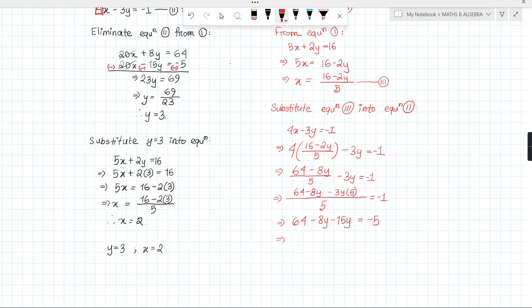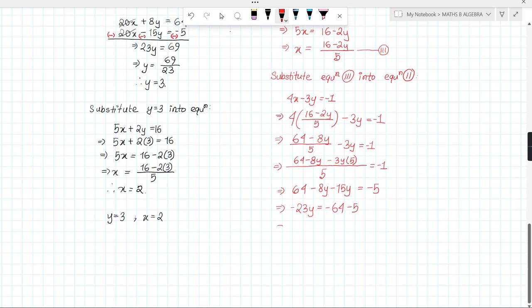If you calculate, minus 8 minus 15 is minus 23y. Shift the 64 to the other side, so it will be minus 23y equals minus 69, and the value for y is minus 69 over minus 23. So the value for y is actually going to be 3 again.